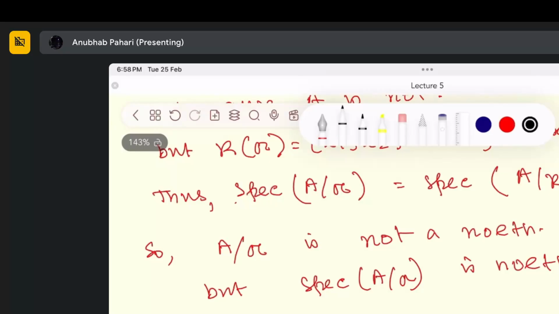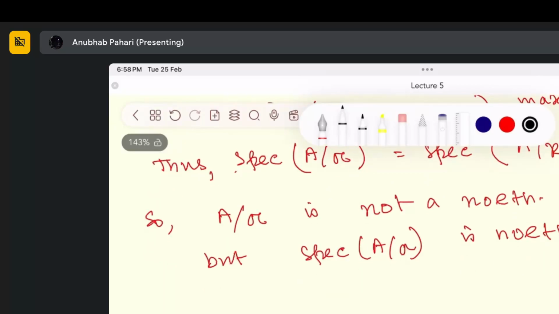Prove that every PID is Noetherian. PID means principal ideal domain. You already know what that is.